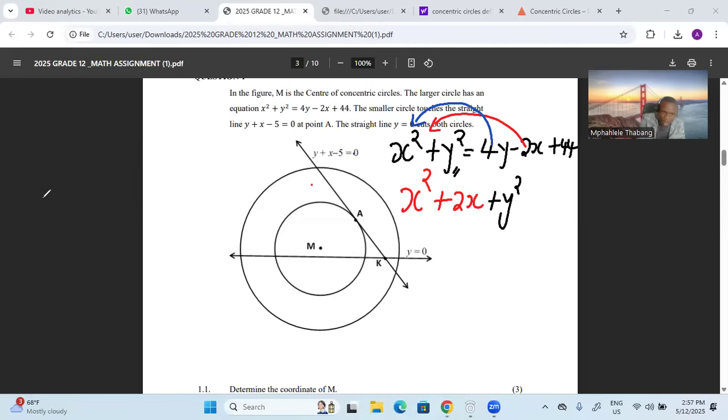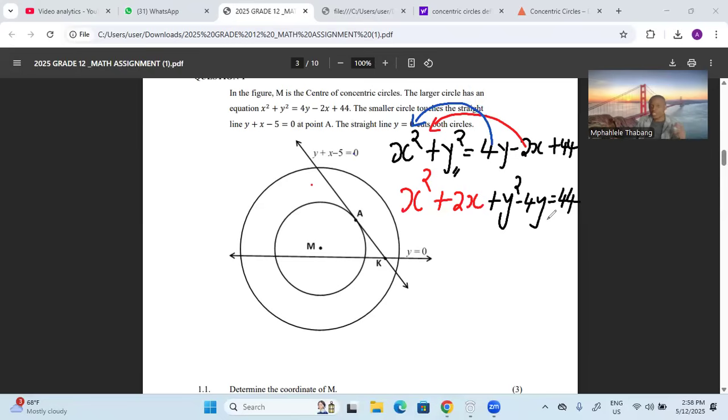So it's going to be minus 4y, equals to 44. I'm not moving 44 from the right-hand side, I'm just leaving it that side. So the only things that I brought to the left are 4y and 2x.